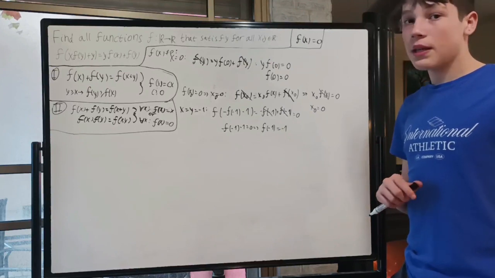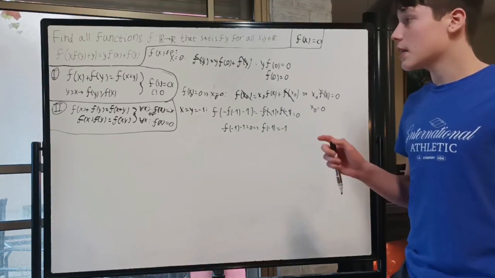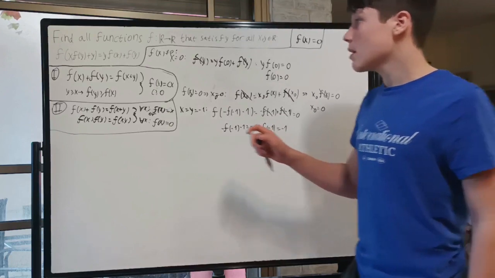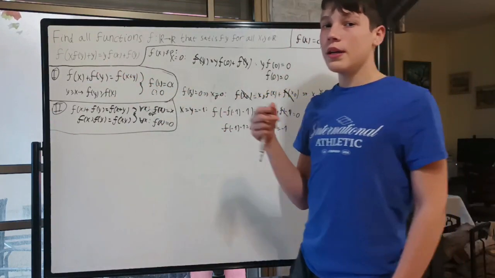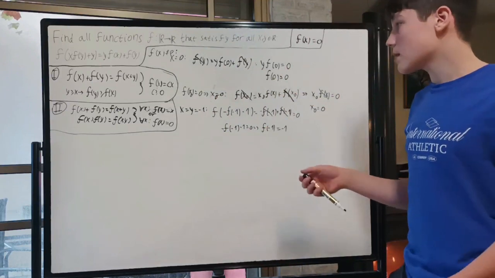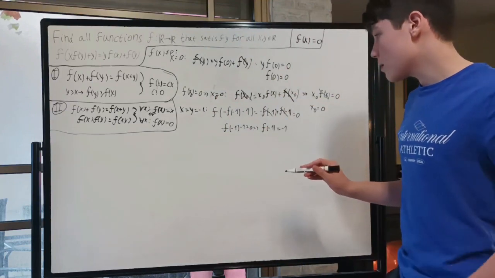Now, let's just plug in y is equal to -1, because I'm seeing a lot of f of y and just y, and I know they're both going to be -1, and it's going to turn out as a nice equation.